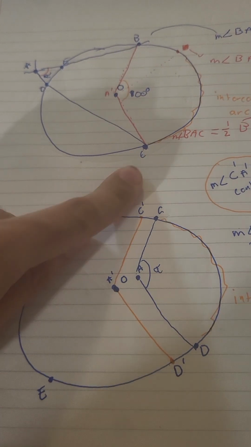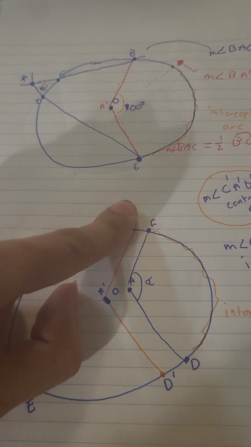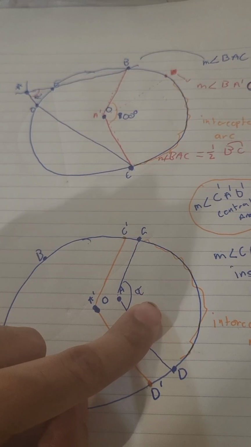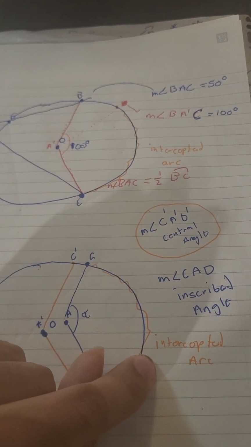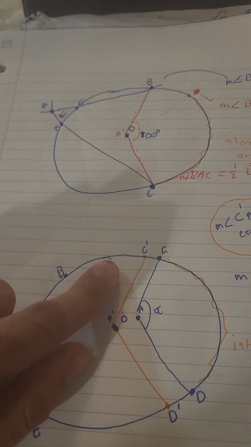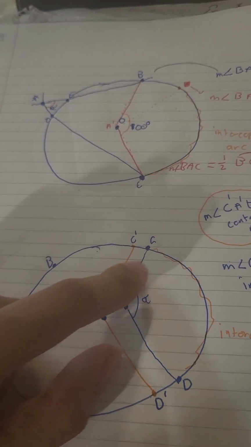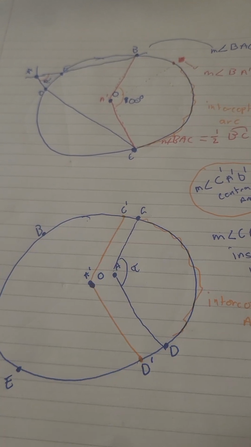So C prime, A prime, D prime will be the central angle, and then CAD will be the inscribed angle, and this will be right here the intercepted arc. And then it's going to be the chords A prime C prime, AC, AD, A prime D prime.